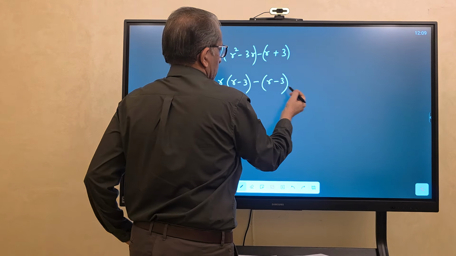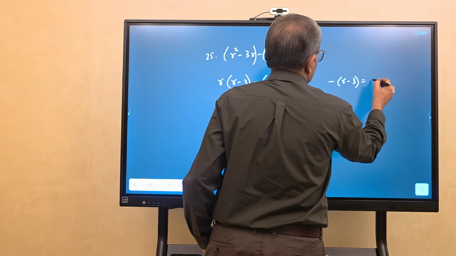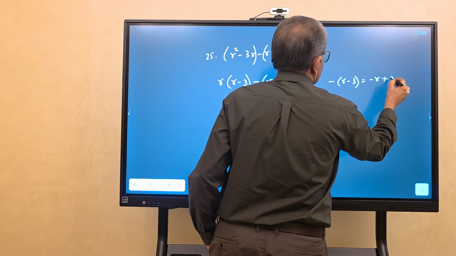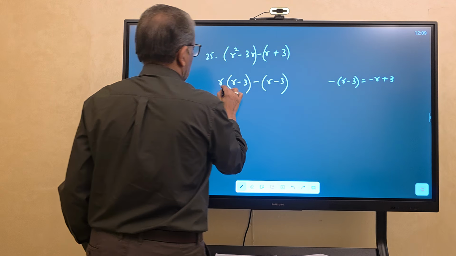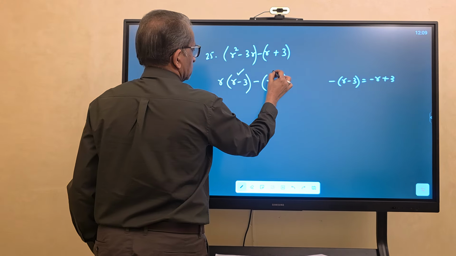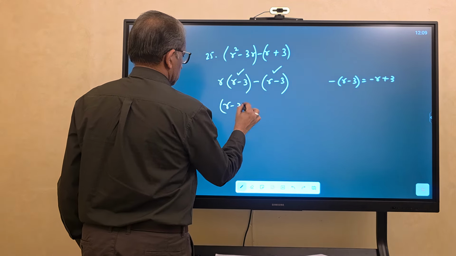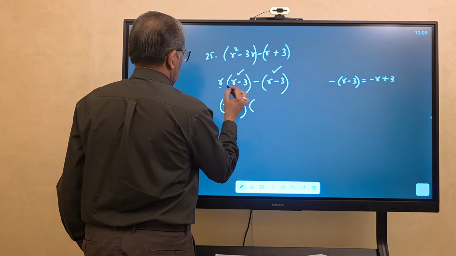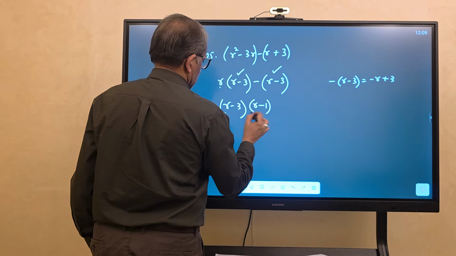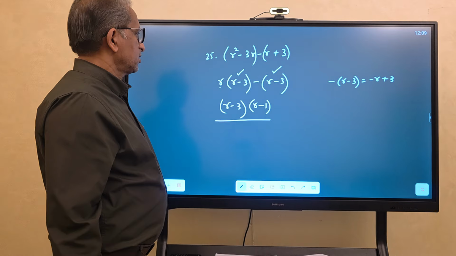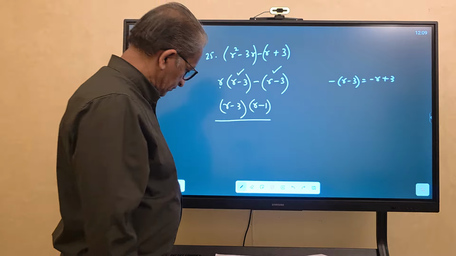You open the bracket: it is minus R plus 3, the same thing I have here. So R minus 3 is the same term, I take it out. What is left now? R, then minus 1. So these are the factors of question number 25.